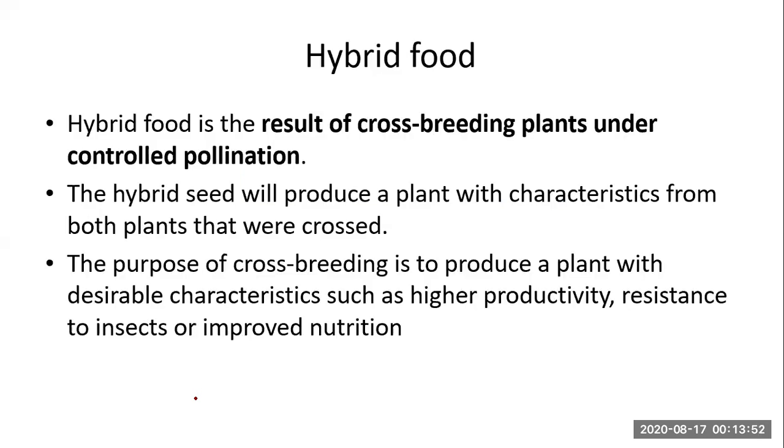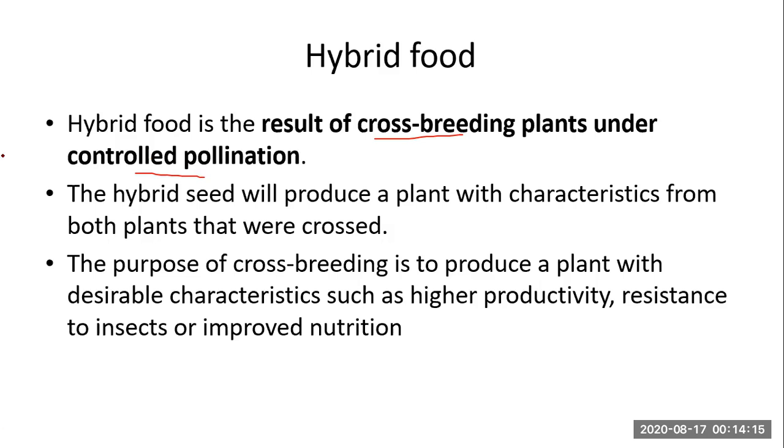Then that was our genetically modified food. Then if you go for hybrid food, what is that? Actually, it's the crossbreeding of plants under controlled pollination. This pollination you can do in your lab or it can be done in a natural process.